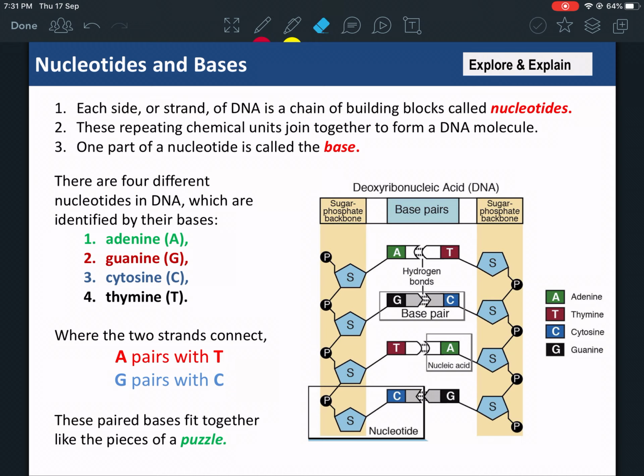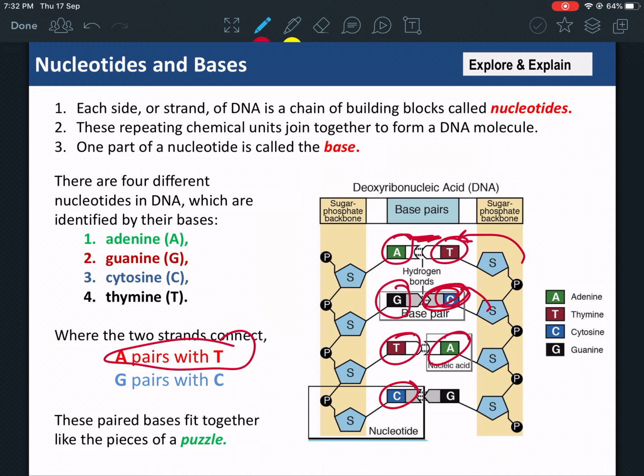Let me show you an example. So this is one nucleotide base pair. If you notice here, the A pairs with T. So the T comes here and then they pair together. The G pairs with C. Again, if you have T, this has to be A because these pair together. If you have C here, then this has to be G because C pairs with G.